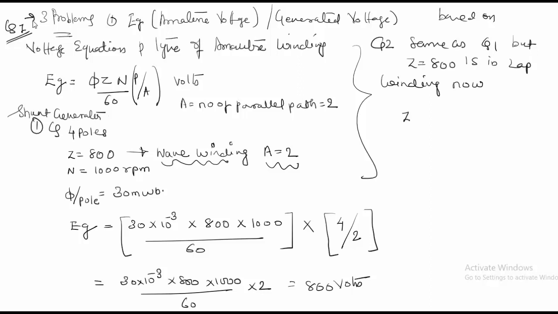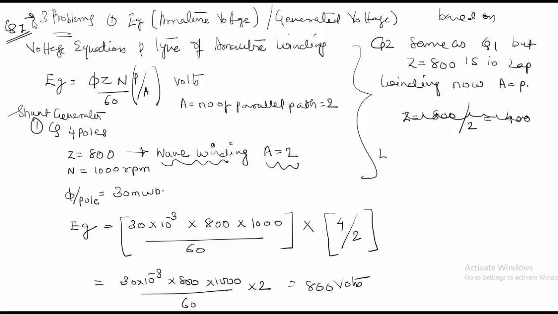So now Z is equal to 800 divided by 2, which is equal to 400. Or for a lap winding, A is equal to P.